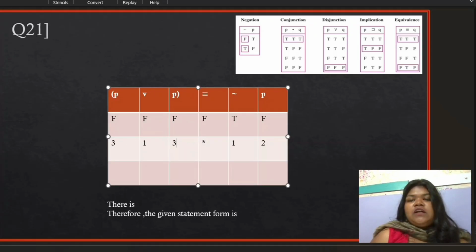Now to check the inconsistency, you will see if you have an inconsistency. No, you do not have any inconsistency anywhere. Do you? FFT, right? I applied this.